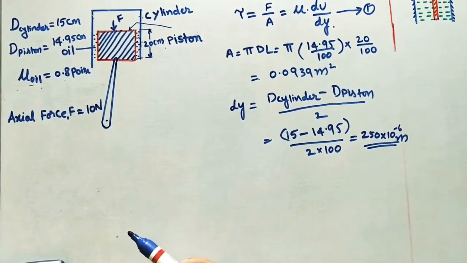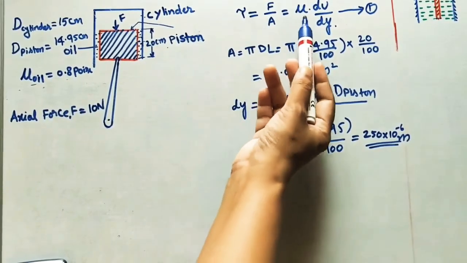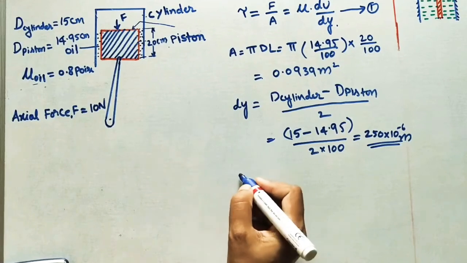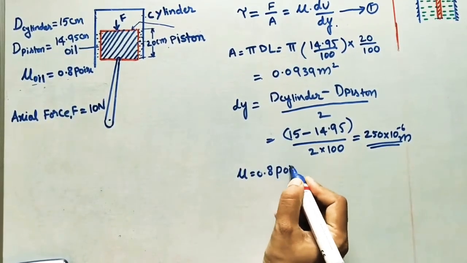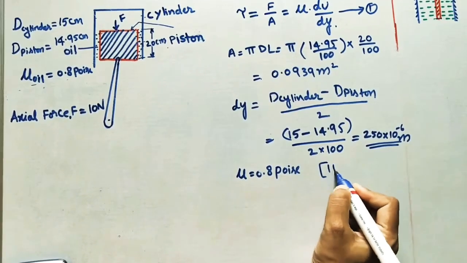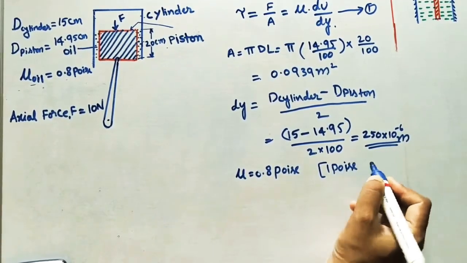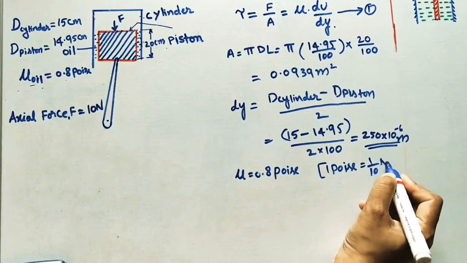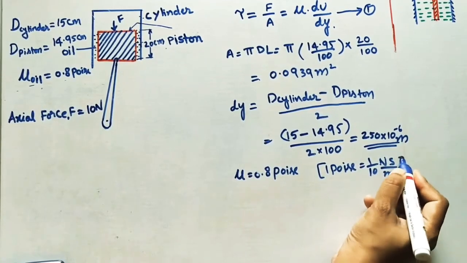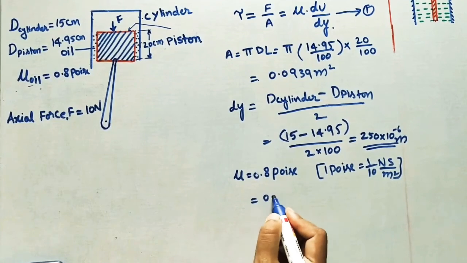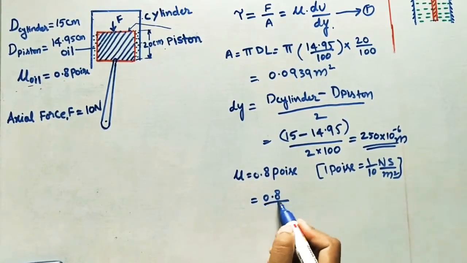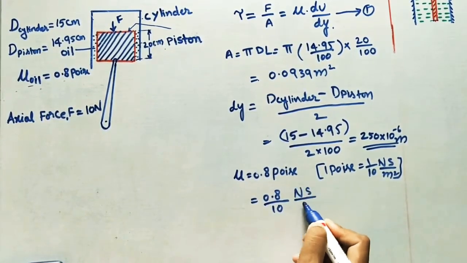After finding dy, find out the mu value. Mu is given, actually mu is equal to 0.8 poise. Here 1 poise is equal to 1 by 10 Newton second per meter square. So instead of poise, take 0.8 by 10 Newton second per meter square.